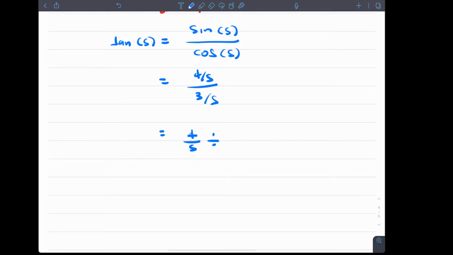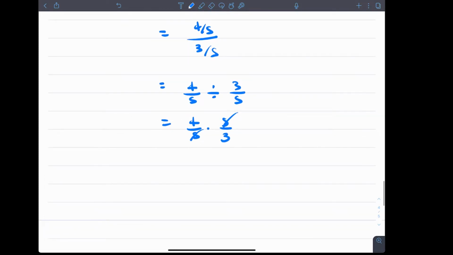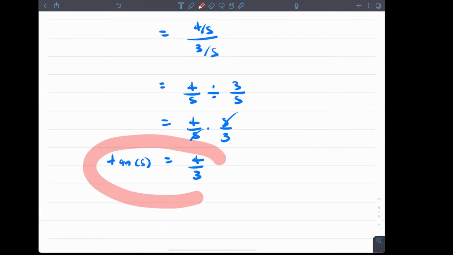Four fifths divided by what? 3/5. 4/5 times 5/3. What happens now? The 5 goes away, and what does this equal? What do you think tangent S is? Tangent S, ladies and gentlemen, is positive 4/3, because we use the identity correctly. What do you guys think?